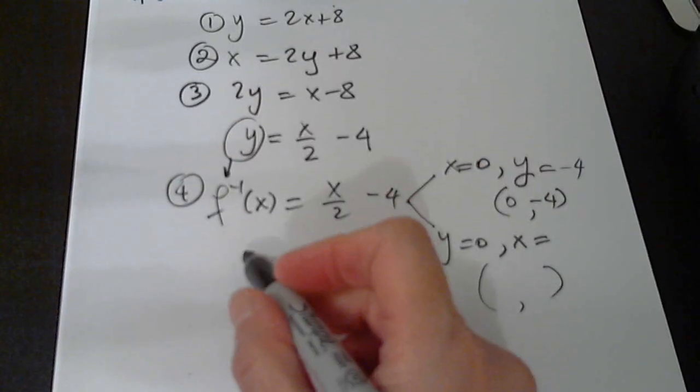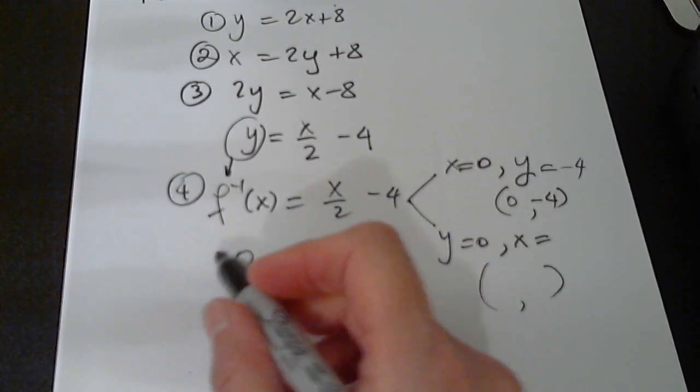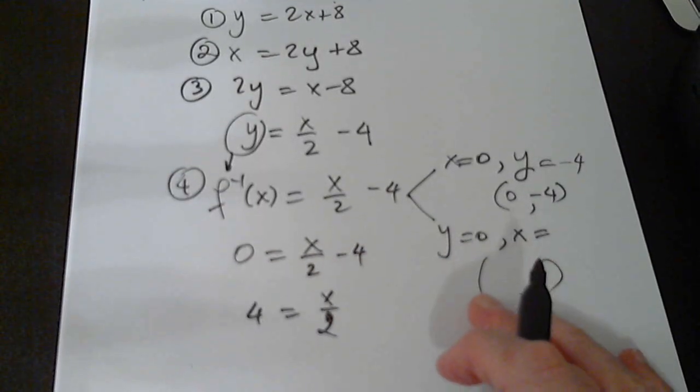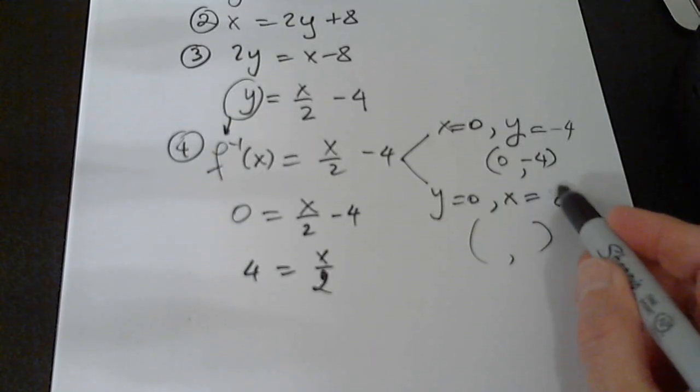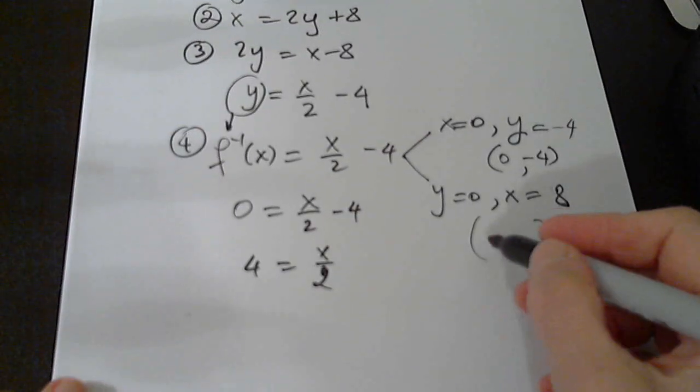So 0 equals x over 2 minus 4. We move 4 to the other side, it becomes positive. And we multiply both sides by 2 and we get 8. Perfect. What is the ordered pair that we just determined? 8, 0. Indeed. This is what we are going to graph.